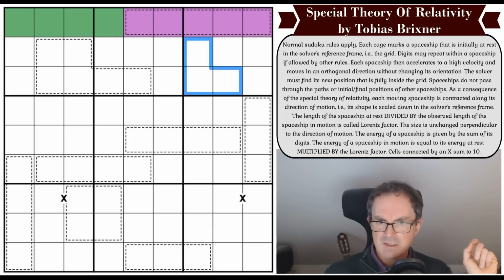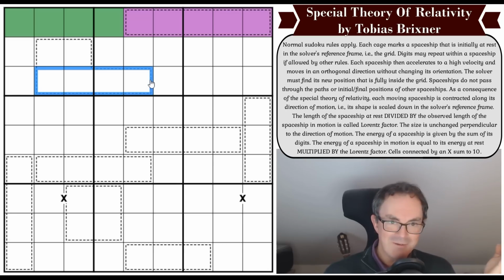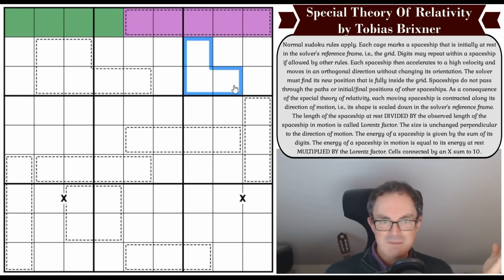Now, is that correct? The length of the spaceship, the length of the spaceship 4, is that right? And the length of the spaceship once in motion would be 2. The energy.